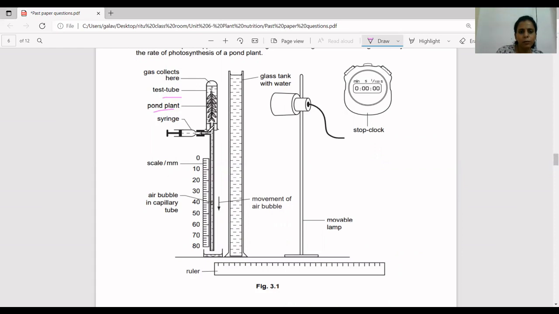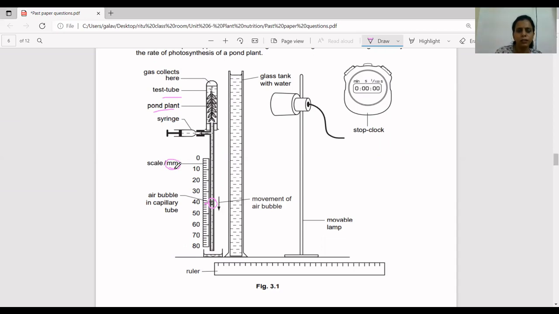Below this, the test tube is connected to a capillary tube, and this capillary tube is connected to a syringe. In this capillary tube we have a small air bubble, and right now in the beginning the position of this air bubble is 40 millimeter. Here the scale of the ruler is given.